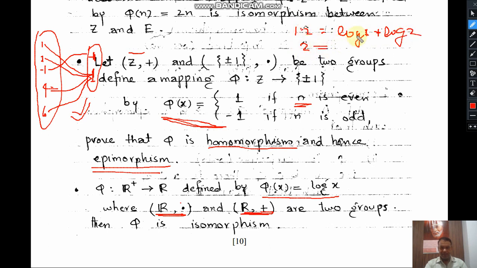So in this scenario, log 1 plus log 2 will be equal to log of 1 times 2, because 1 and 2 are elements of the first set, while log 1 and log 2 are elements of the second set. So in the first set multiplication is allowed, while in the second set, in which the logarithmic values are available, addition is performed. So here we can see that this is a one-to-one and onto mapping, so it is again an isomorphism.